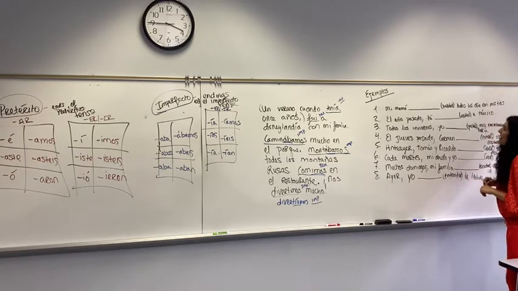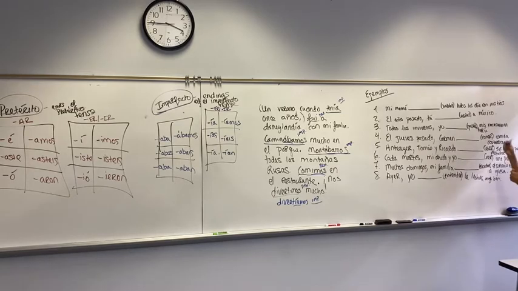Here, I say, "mi mamá habla todos los días con mis tías." Well, I have here "todos los días," so that means all the days. When I talk to someone all the days, obviously that is a habitual and repeated action.